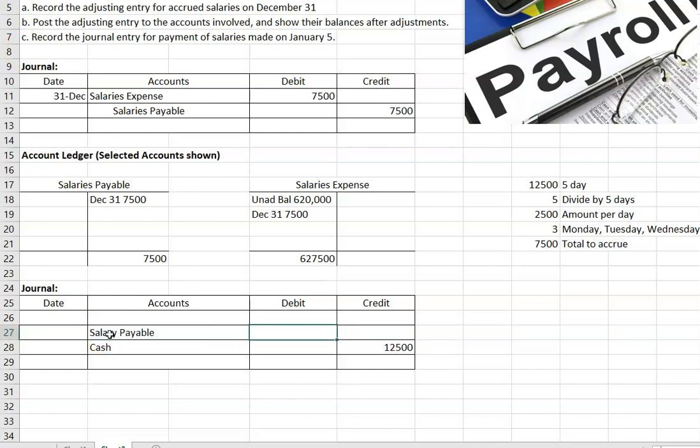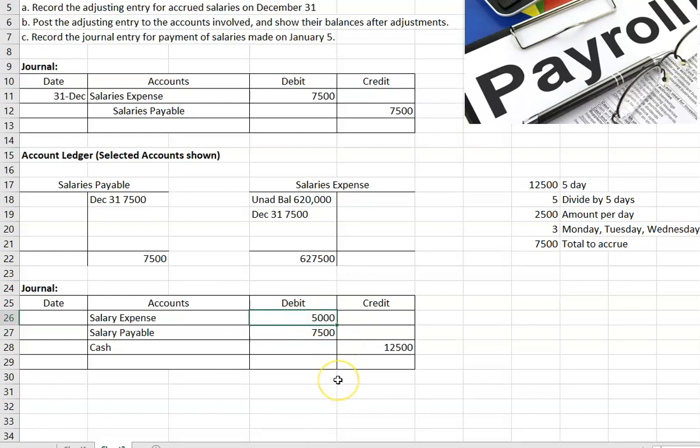All right, how much did we used to owe them? We used to owe them $7,500. Now we don't, so we need to get rid of that $7,500. All right, now this next part is salary expense, and that is because we now need to expense what happened on Thursday and Friday. So you remember that each day we pay them $2,500. So Thursday and Friday will just be 2,500 times 2 for Thursday plus Friday.